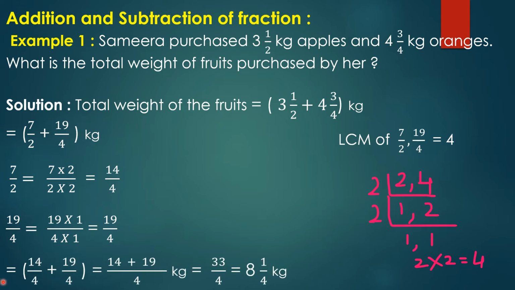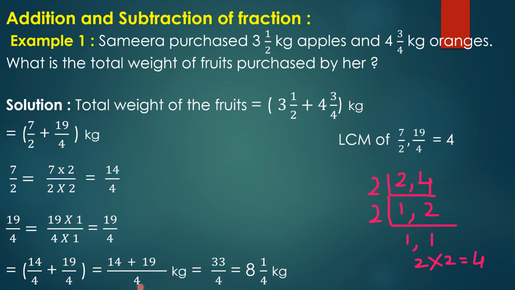Now we have converted the unlike fractions into like fractions. Now what is 7 by 2 plus 19 by 4? It will become 14 by 4 plus 19 by 4. Now the denominators are the same. Now we can do the addition. So how to do it? Add the numerators: 14 plus 19 divided by 4.